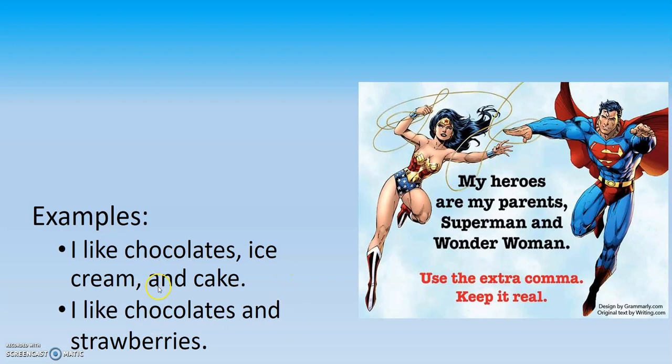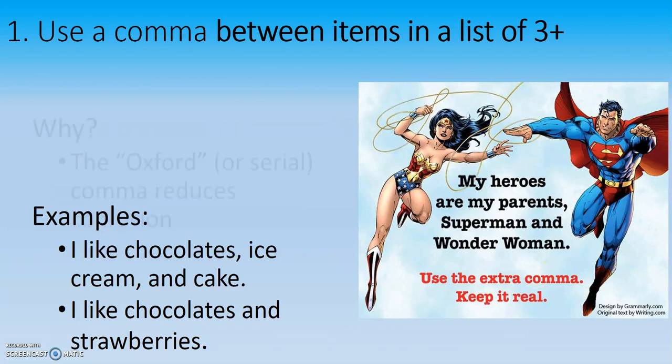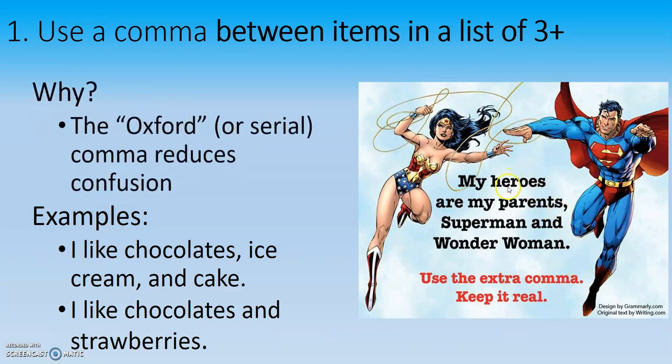So sometimes people are confused about whether or not they should use the comma before the "and" when they have a list. Take a look here. If you don't use the comma before the "and," what happens? It gets confusing. Are your heroes your parents and Superman and Wonder Woman? According to this sentence, your parents are Superman and Wonder Woman. And maybe that's not exactly what you mean.